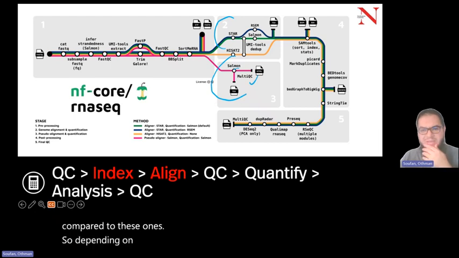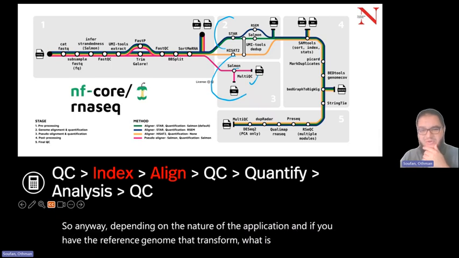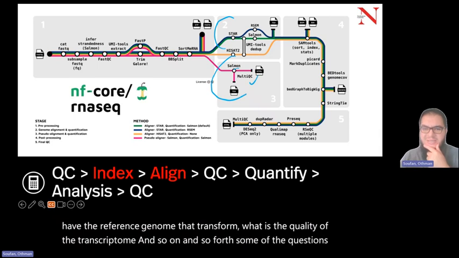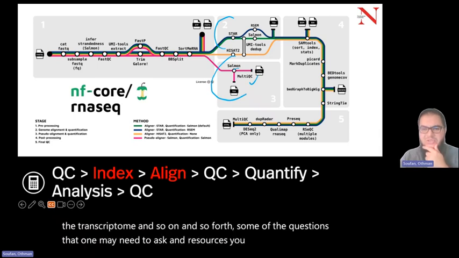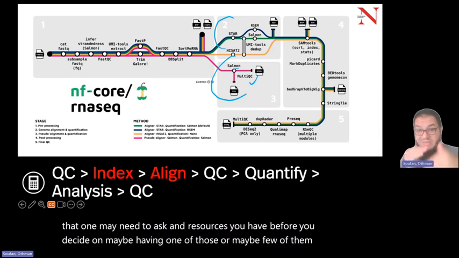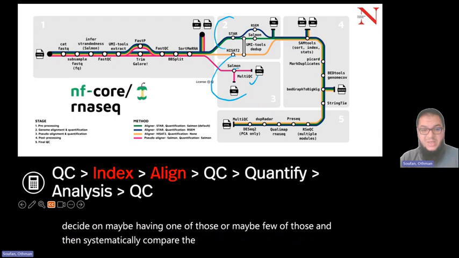Depending on the nature of the application, whether you have the reference genome and the transcriptome, and the quality of the transcriptome, these are some of the questions one may need to ask, along with the resources you have, before you decide on one or a few of those tools and then systematically compare the output. Then we move to post-processing.